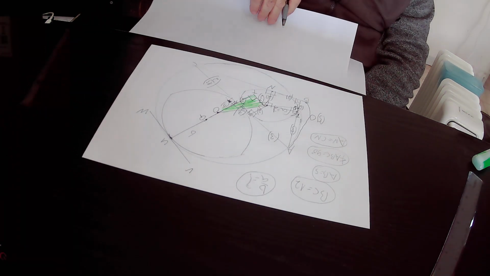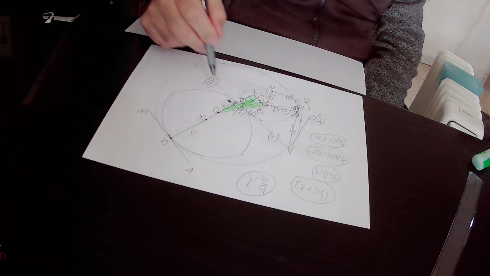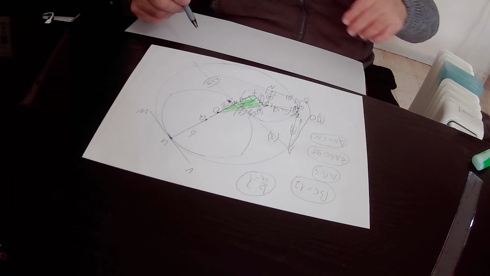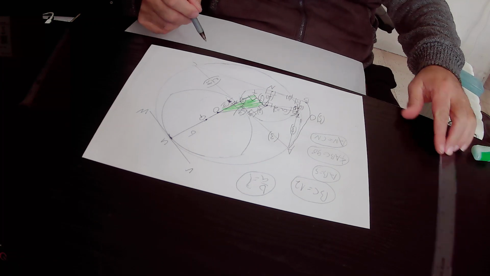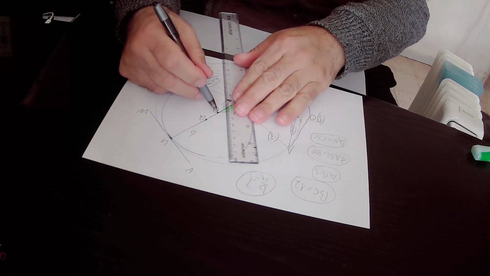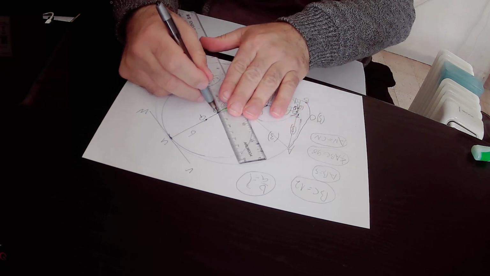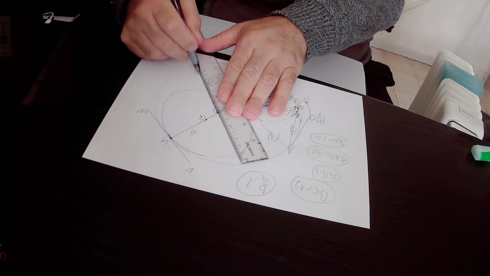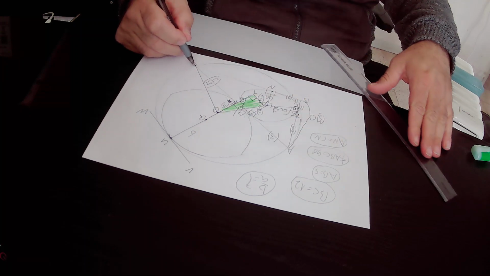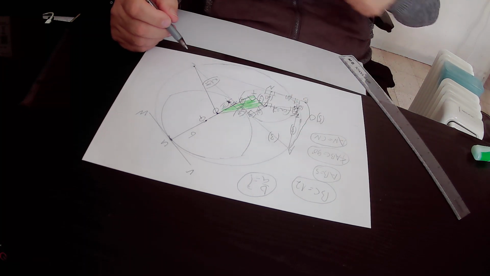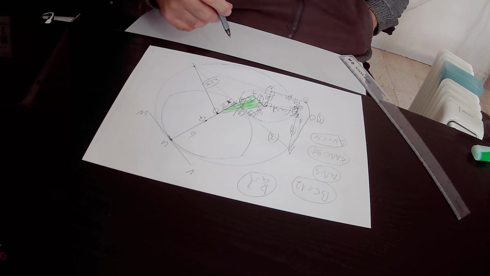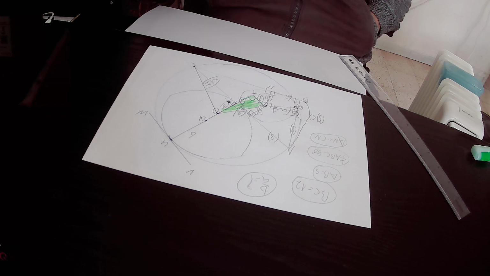In the next step, we'll join points O and C together by a straight line. What is the definition of the straight line OC? The straight line OC starts from point O, that is the center of the biggest circle, and ends at point C, that is a point on the biggest circle itself.